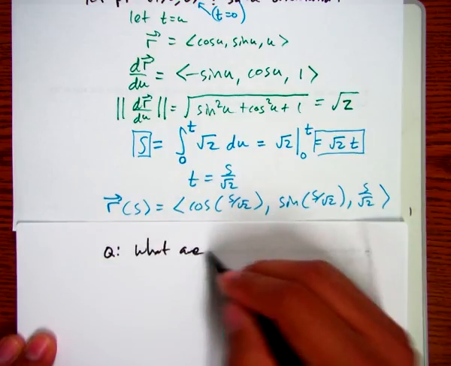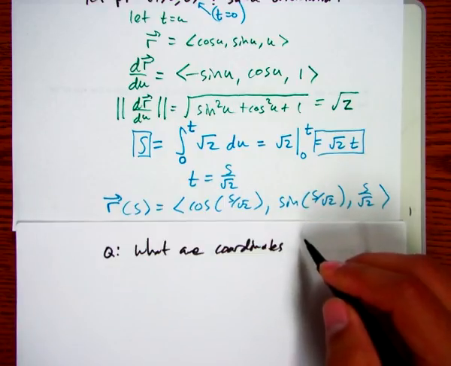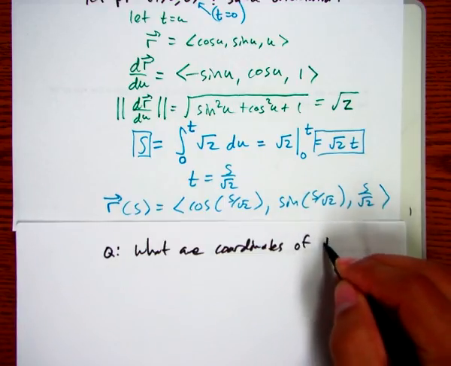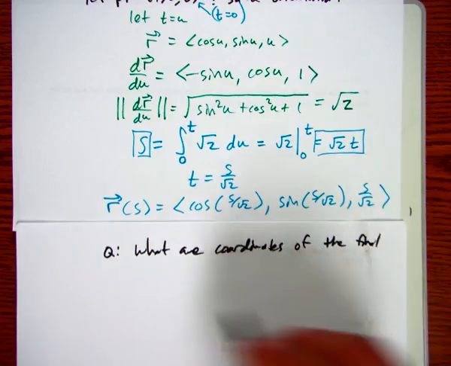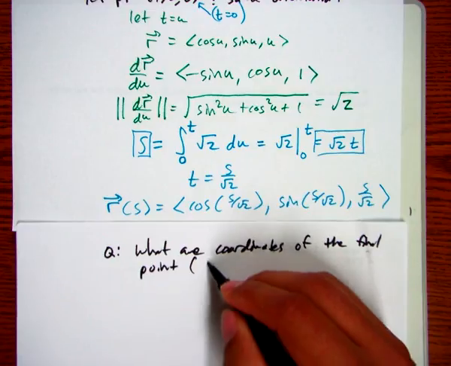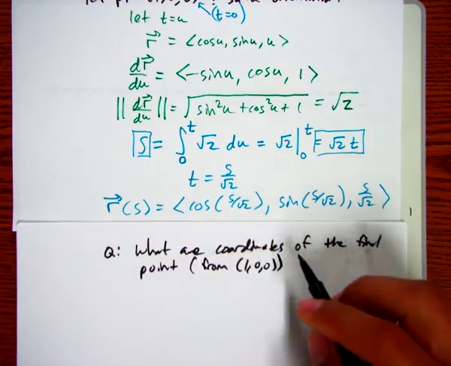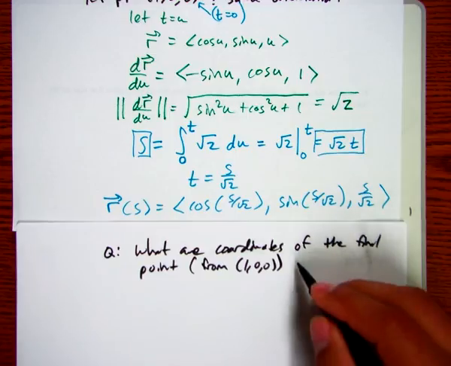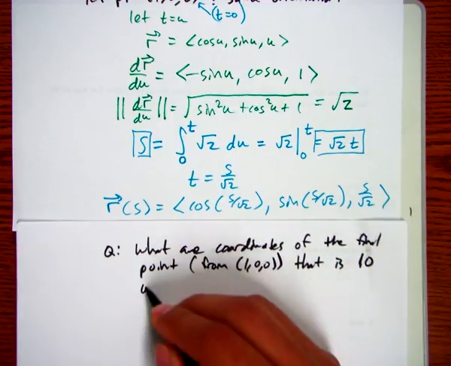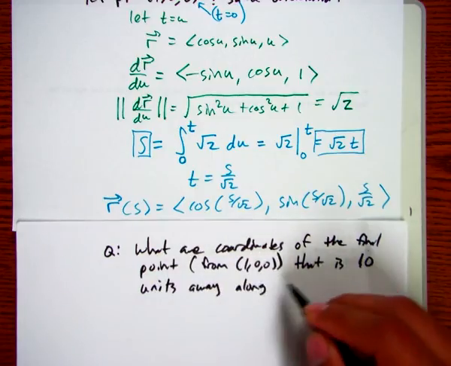What are the coordinates of the final point, starting at (1, 0, 0), that is 10 units away along the curve.